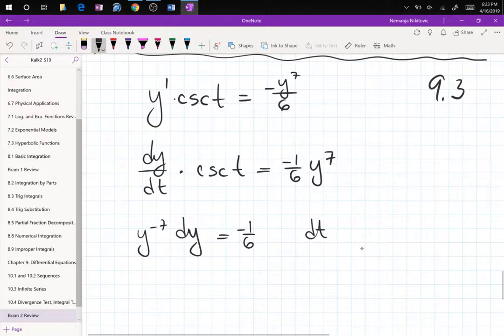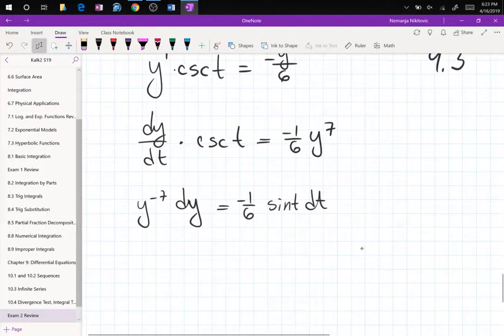And we have a cosecant that goes to the other side, which becomes sine t. I know what the answer is. Y is equal to the 6th root of cosecant t plus c. So we're going to integrate both sides.